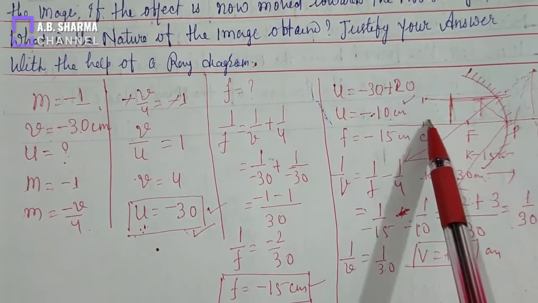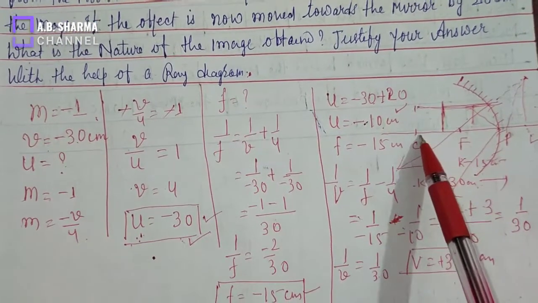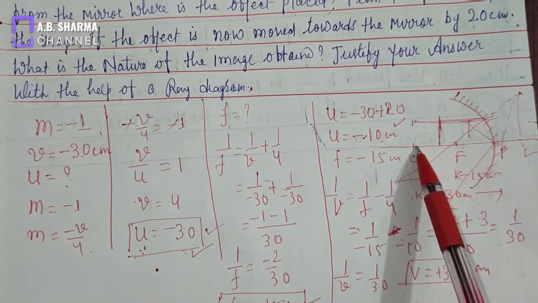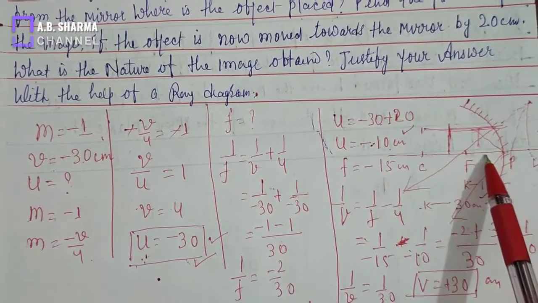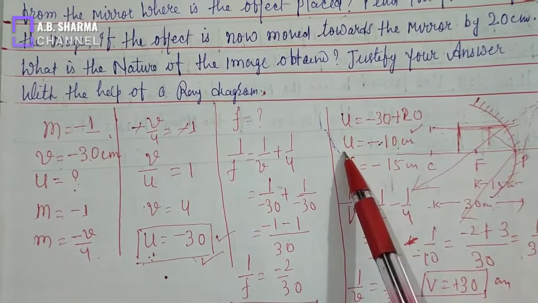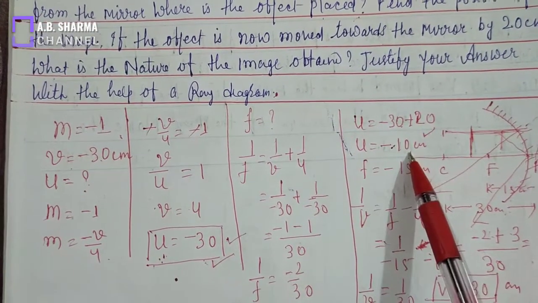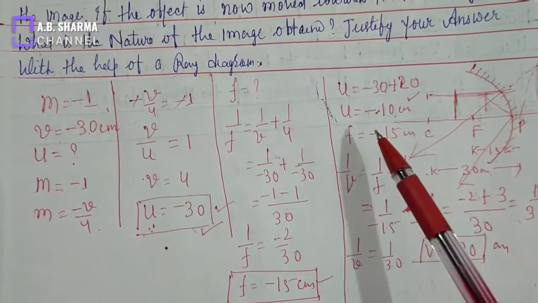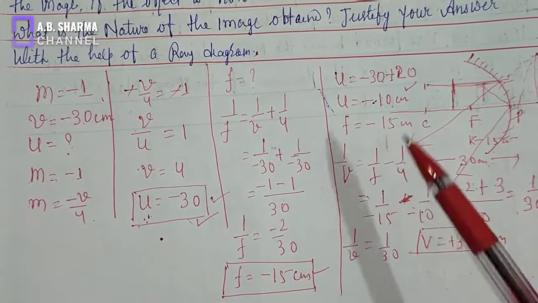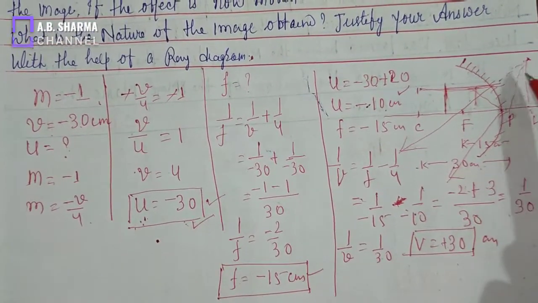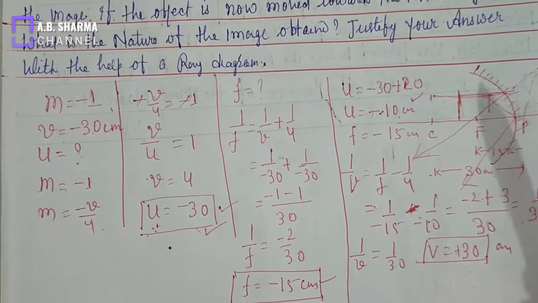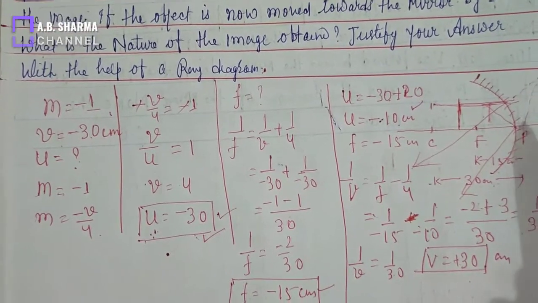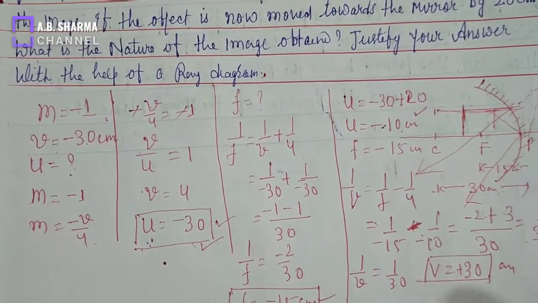The next part says that when the object is moved towards the mirror by 20 centimeter, the new object distance will be -10. The focal length is constant, so it will not change. Using this u and f, we calculate v, and this image is virtual and erect. So this is the answer.